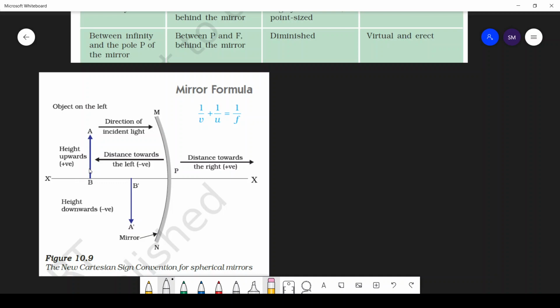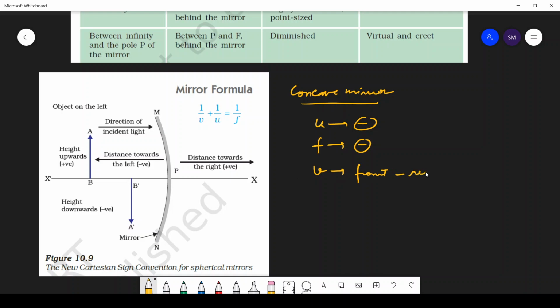So in the case of a concave mirror, you will have u as always negative, focal length as always negative, and the image distance, which is v, if the image is in front, that is a real image, then it will also be a negative distance.